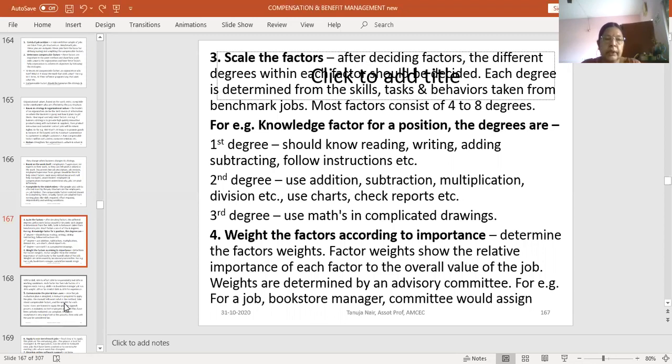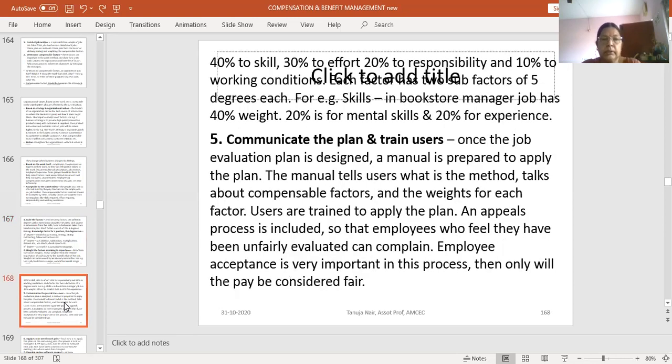The committee will say 40% for skills and 30% for effort, 20% for responsibility, and 10% for working conditions. So you see, working conditions is the least important factor in this job of a bookstore manager. Skill is the most important compensable factor for this job.